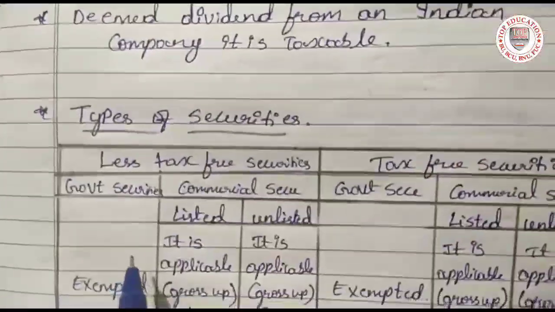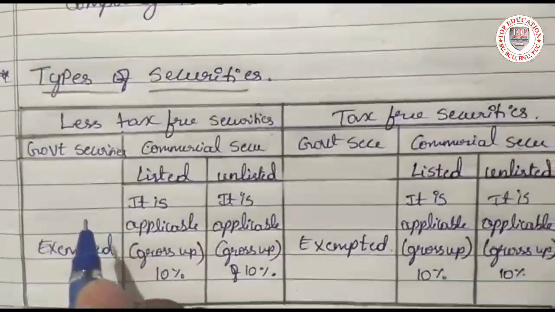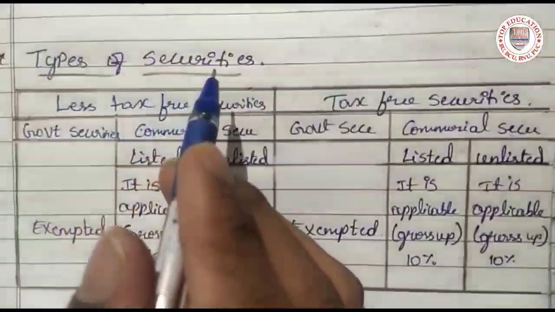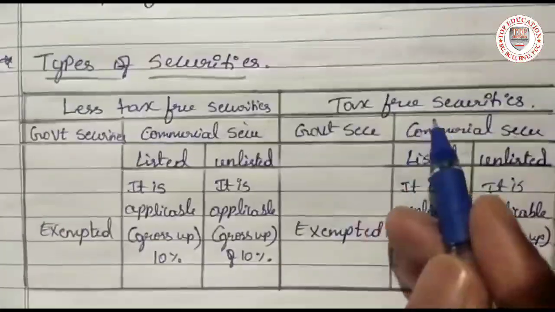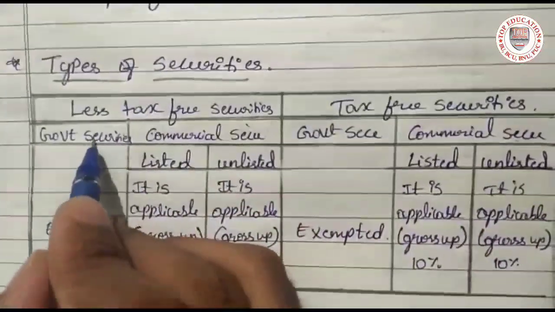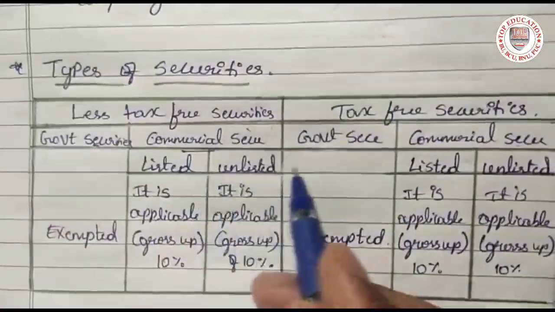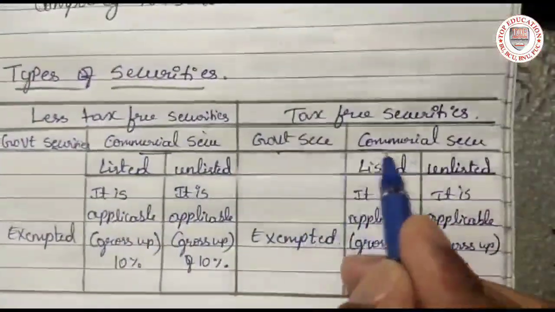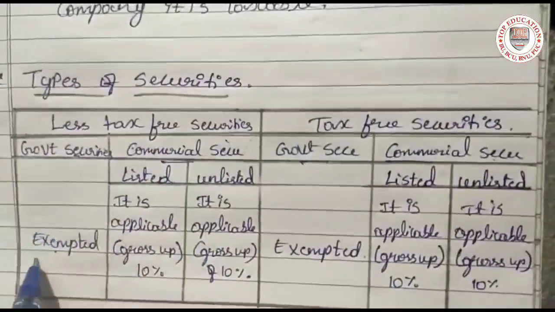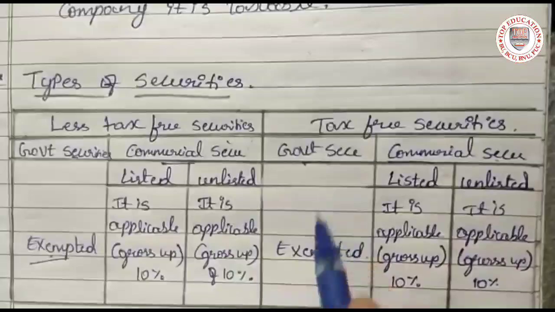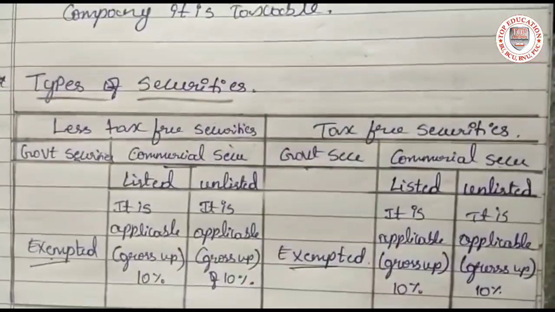Then the last important point for this chapter is types of securities. So, less tax free securities and tax free securities. In this, they are divided as government securities and commercial securities. In less tax free securities, government securities are exempted. In tax free securities also, government securities are completely exempted.